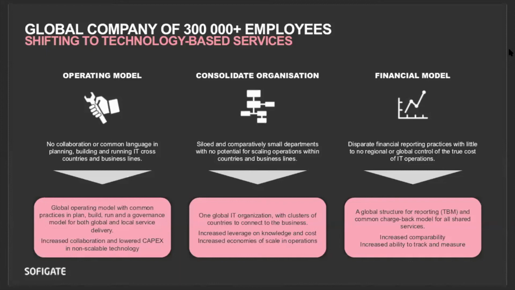Meaning we got the comparability that we needed to find the truth in matters, and also a smarter way of handling the sharing of technology between entities and teams by introducing a chargeback model in this financial reporting system or reporting scheme.